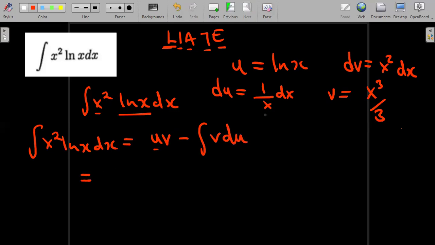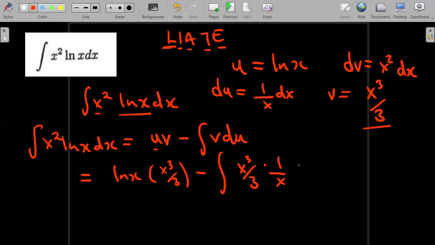My u is ln of x, then my v is what I found here, x cubed divided by 3, minus the integral of my v again, x cubed over 3, then du is this here, which is 1 over x dx.